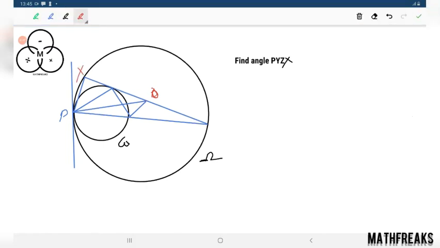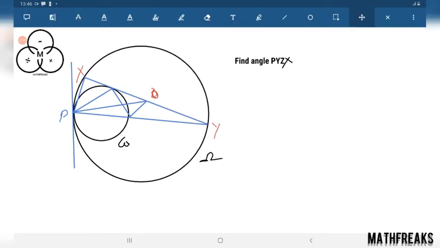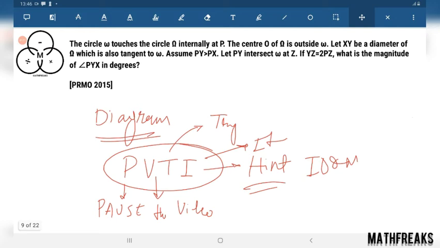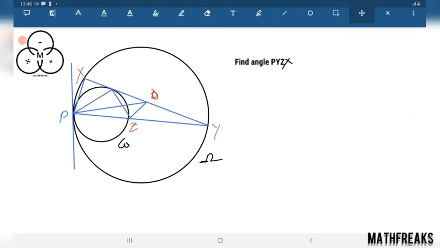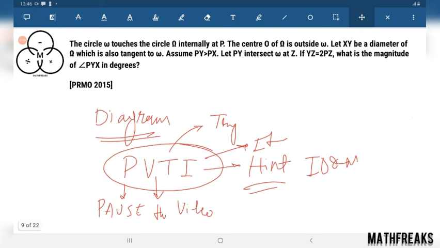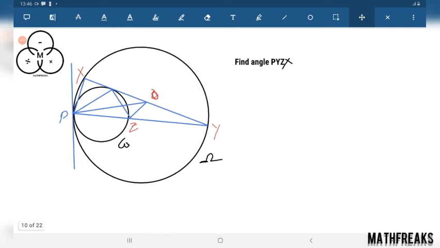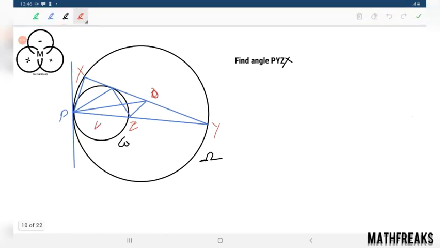Here will be X, here will be Y. Let PY intersect omega at Z. This point is Z. YZ equals 2 times PZ. If this is k, this is twice k.